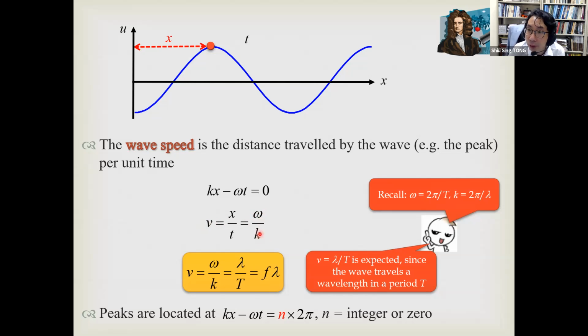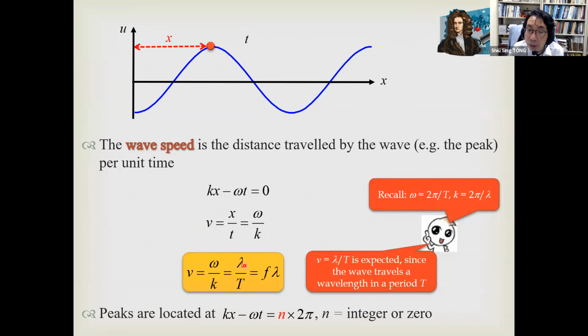Now, it is very obvious. Actually, you can understand why the wave speed is so by using your high school physics. We have learned that omega is 2 pi over T, while the wave number k is 2 pi over lambda, right? So that means omega over k is nothing but lambda over T. Lambda is the wavelength, T is the period.